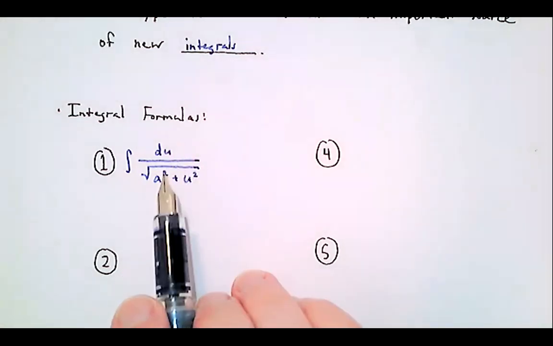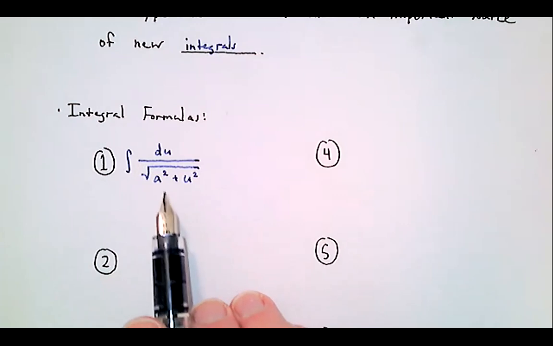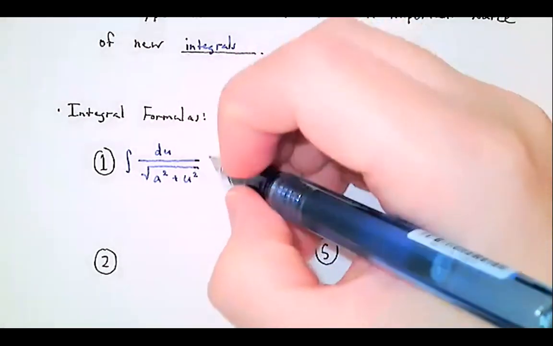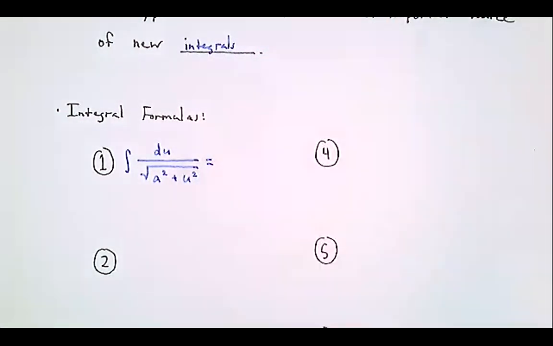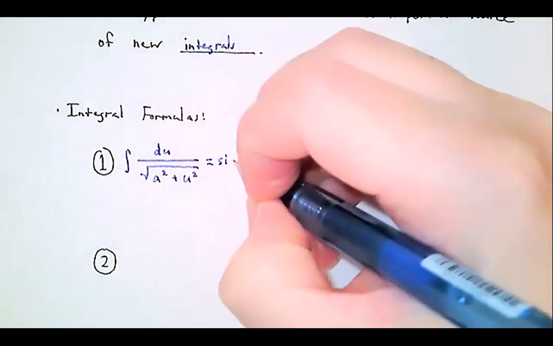Like this one, you might remember seeing a similar rule for an integral that looks like this, except there was a minus sign in between. And if you have a plus sign, this is no longer an arc sine, it's actually an inverse sinh.